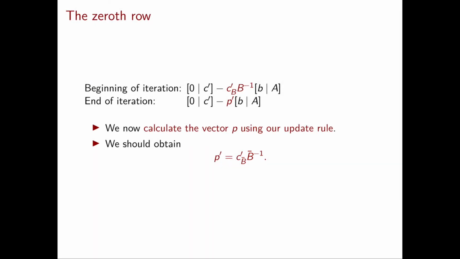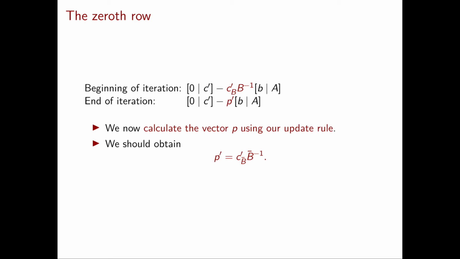In order to prove this, we will explicitly understand how the 0th row will look after we have performed our elementary row operations. More specifically, we will look at the columns of the 0th row that correspond to the basic variables b bar 1 until b bar m.